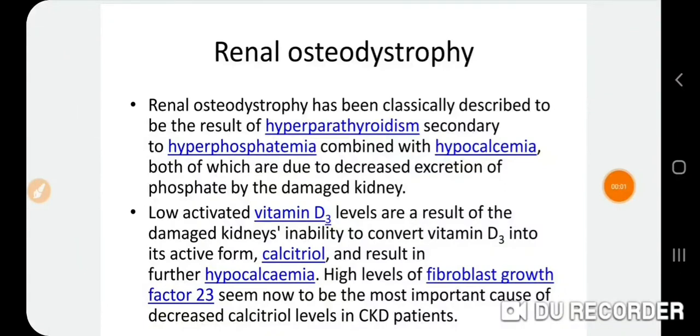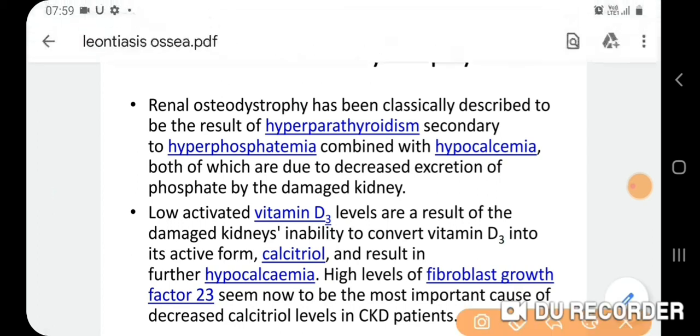And the last one we discuss is renal osteodystrophy, and this disease also follows the Leontiasis ossea phase. Renal osteodystrophy has been classically described as the result of hyperparathyroidism secondary to hyperphosphatemia combined with hypocalcemia, both of which are due to decreased excretion of phosphate by the damaged kidney.